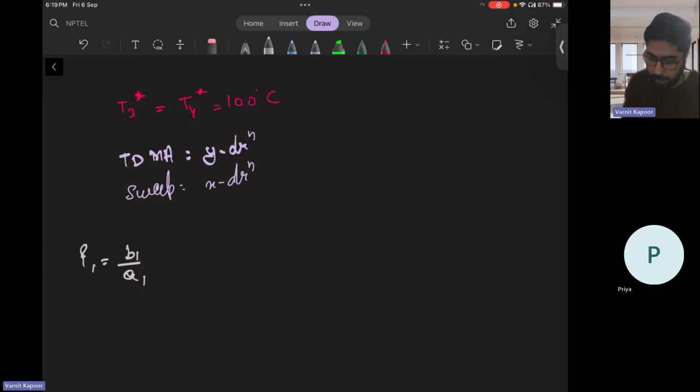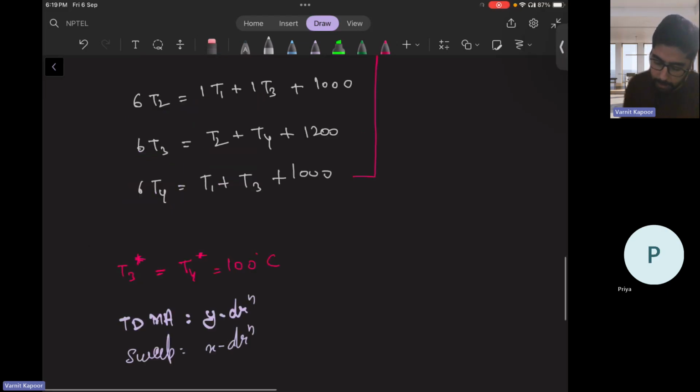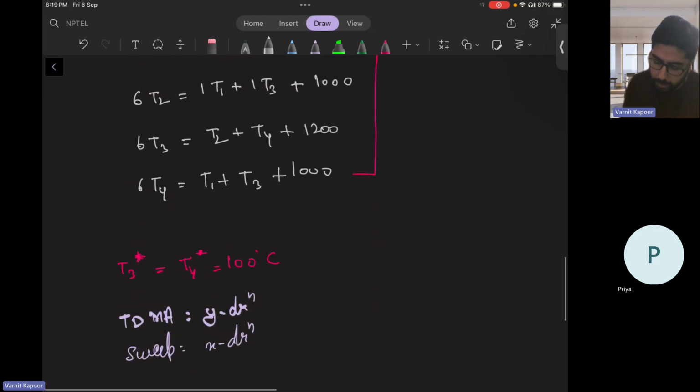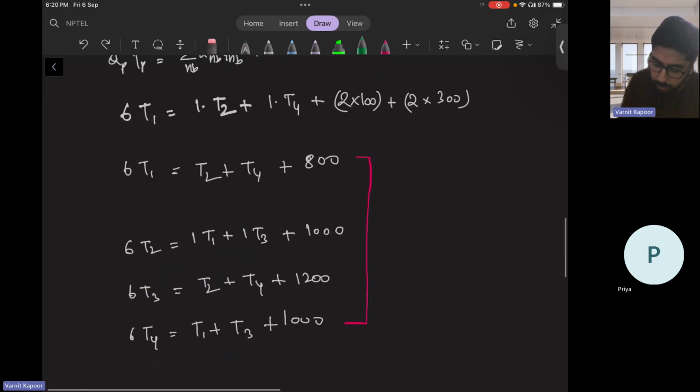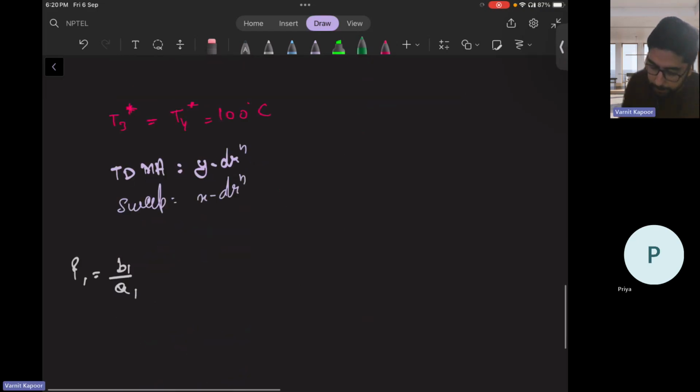So if you see for node 1, equation 1, what is B? Sorry, not this equation. Equation number 1, this one. So B is 1 here, and A is 6. So P1 is 1 over 6.